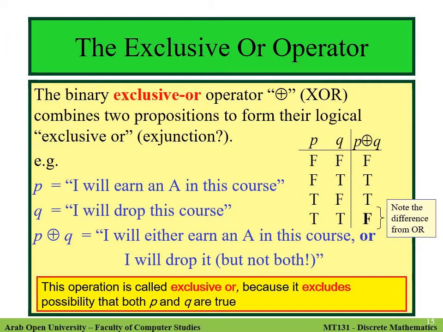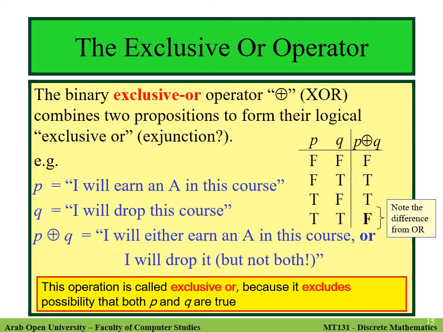The meaning will tell you whether you have the OR or the exclusive OR. You will either earn an A or drop the course, but not both. You cannot earn an A and drop the course at the same time.